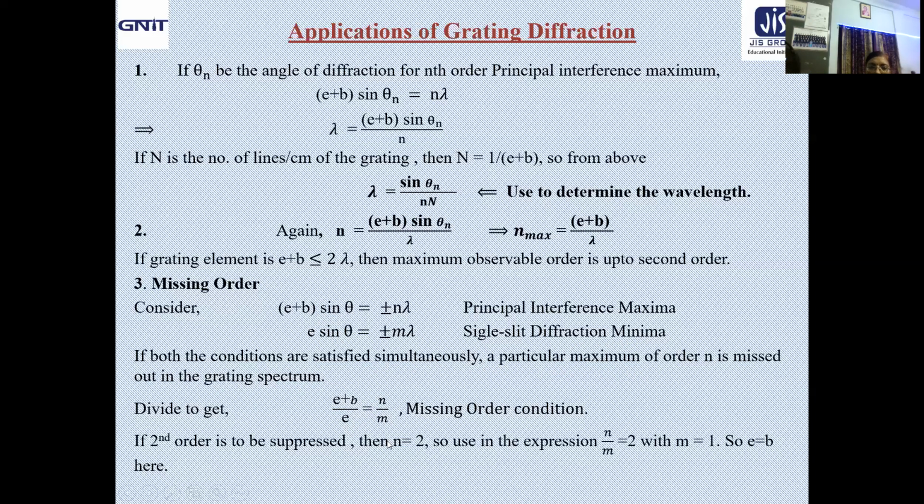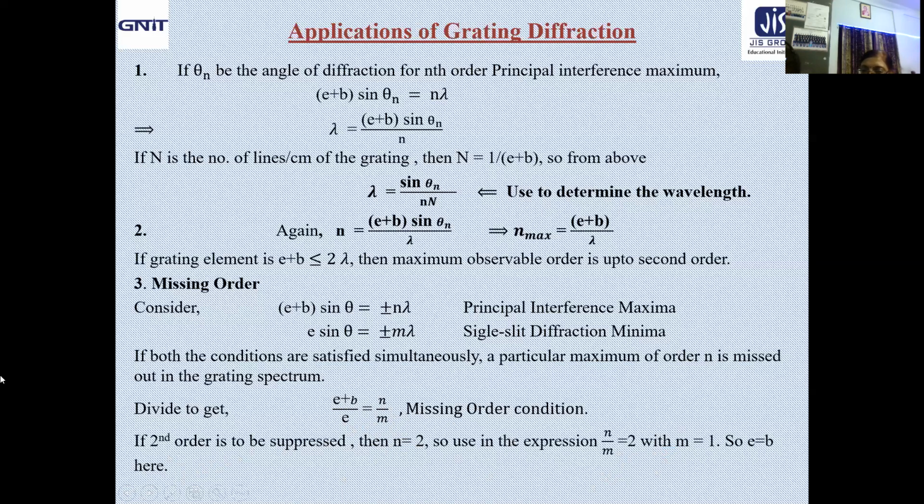Now, for example, if you want to suppress, say, second order, that means n should be equal to 2. So you need n by m to be equal to 2. In that case, by using m equal to 1, you can get n equal to 2 to be suppressed.